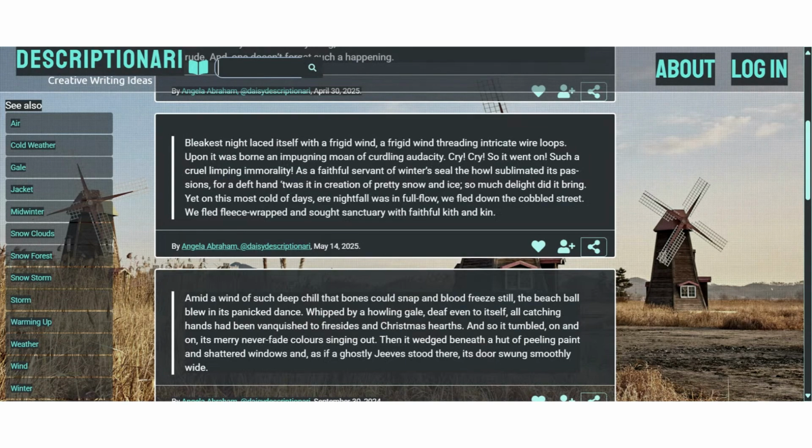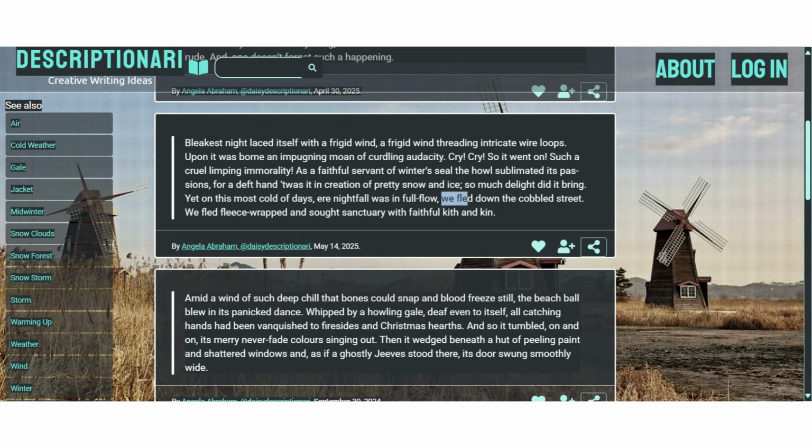We've got another stutter repeat there, a frigid wind, a frigid wind. We've also got cry, cry. And later on, yet on this most cold of days, ere nightfall was in full flow, we fled down the cobbled street, we fled fleece wrapped.